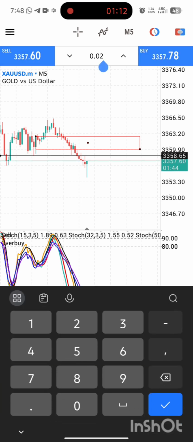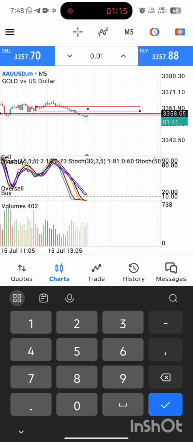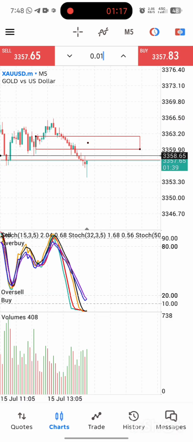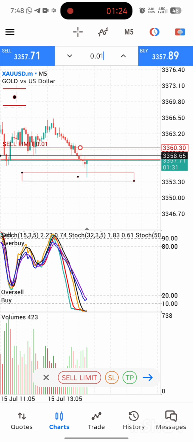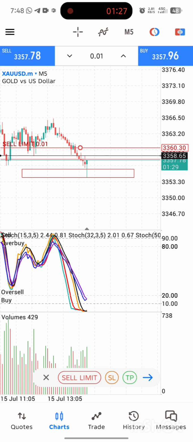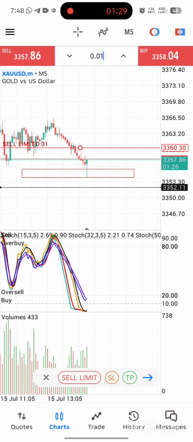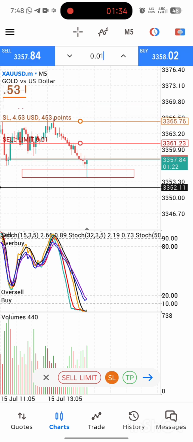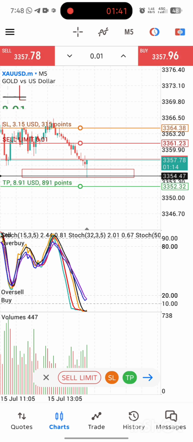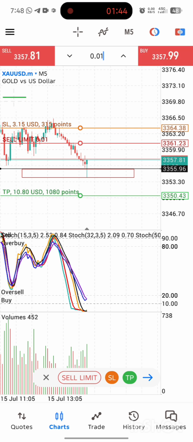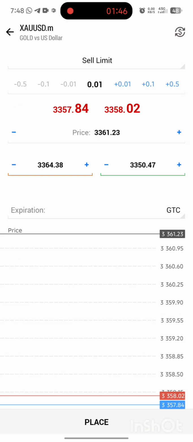Right, so I'm just gonna play safe. Because I'm gonna use this area over here. I'm just gonna put my sell stop, the first sell stop, on this level. My stop loss is about 3 USD something, and we're aiming for 100 pips.